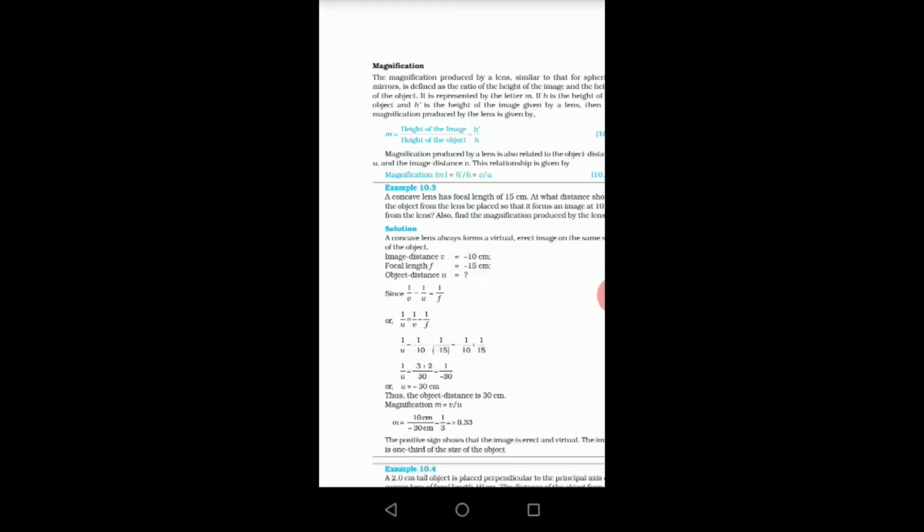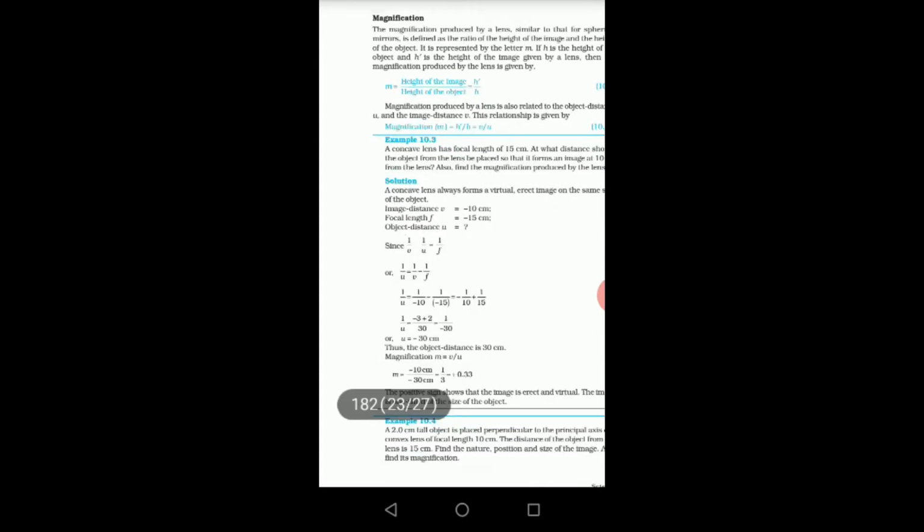So we can calculate directly height of the image if the height of the object, image distance and object distance is given. Now example 10.3 and 10.4 numerical portion already is solved, so it is your duty to note down.